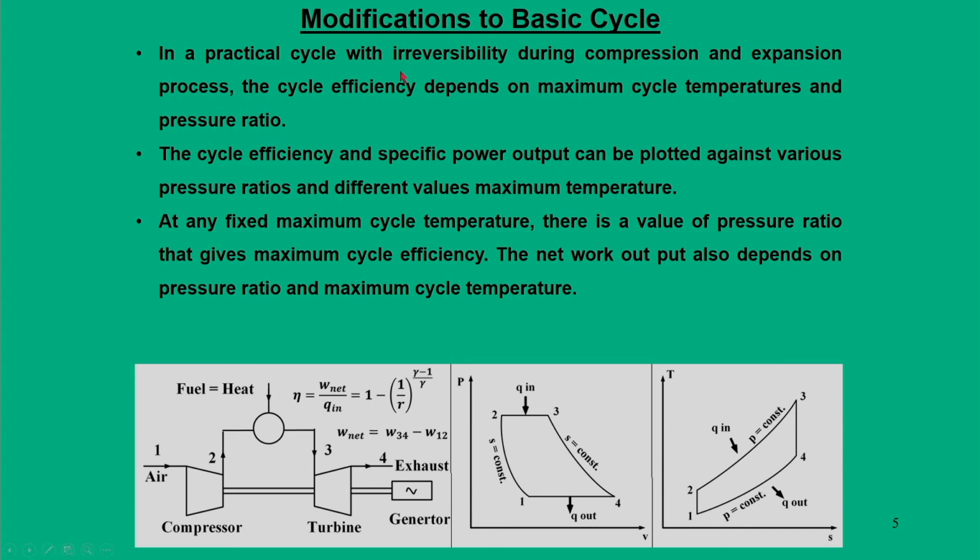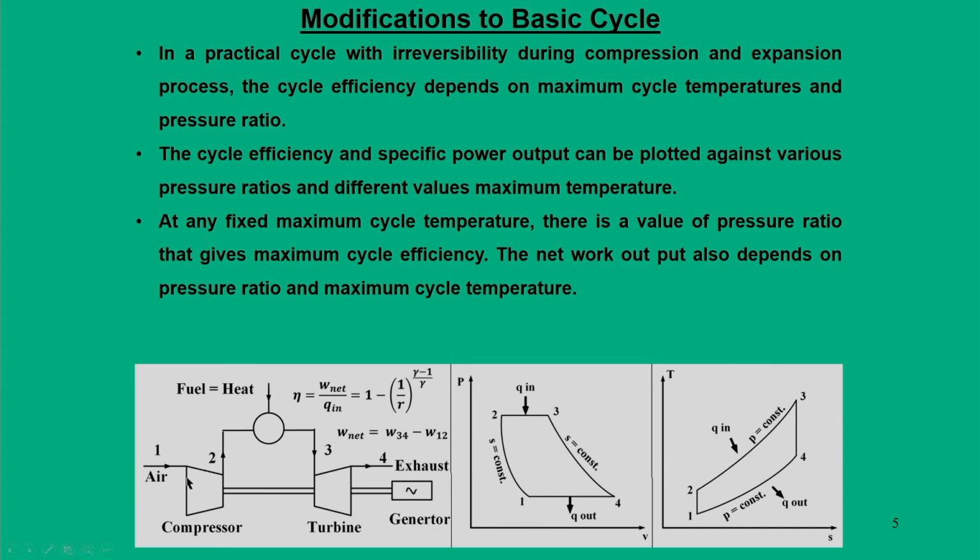Because the practical cycles are associated with irreversibilities. The second issue is that the upper limit of the cycle temperature is fixed based on the materials used in the turbine blades.